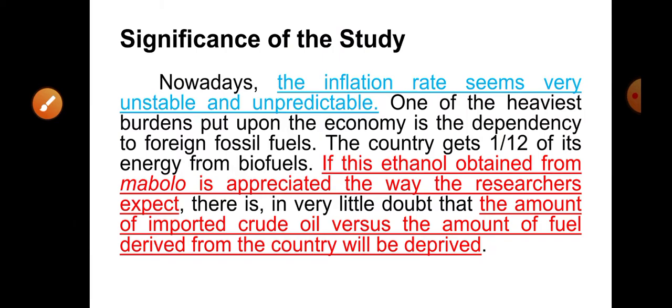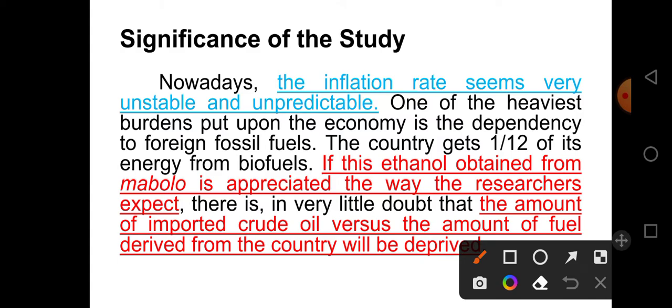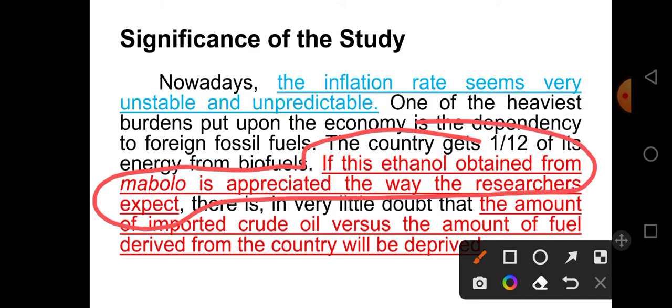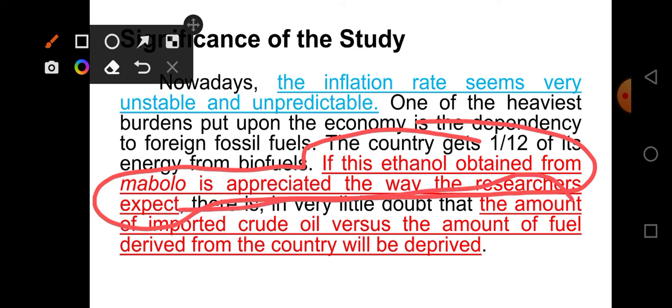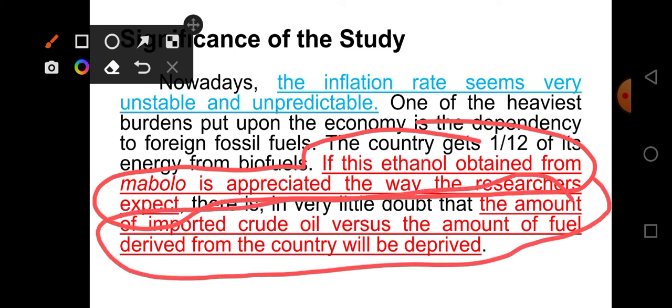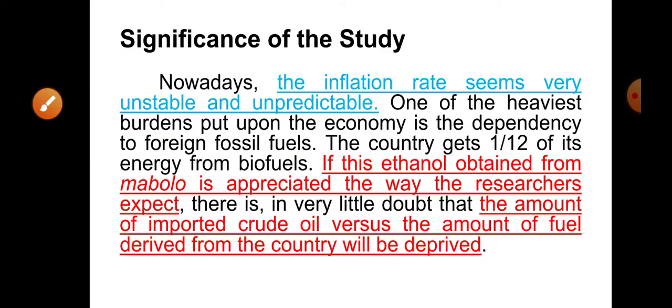We have, if this ethanol obtained from mabolo is appreciated the way the researchers expect, there is very little doubt that the amount of imported crude oil versus the amount of fuel derived from the country will be deprived.